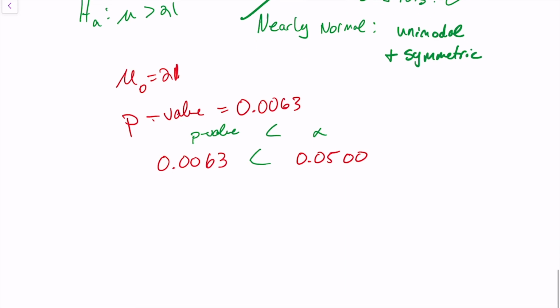So when the p-value is less than alpha, that means we should reject the null hypothesis. In fact, the smaller your p-value is, the tinier it gets, the stronger your evidence is. We have really strong evidence to say the tip percentage is more than 21%.